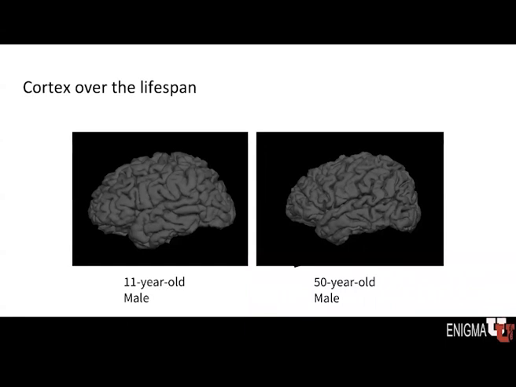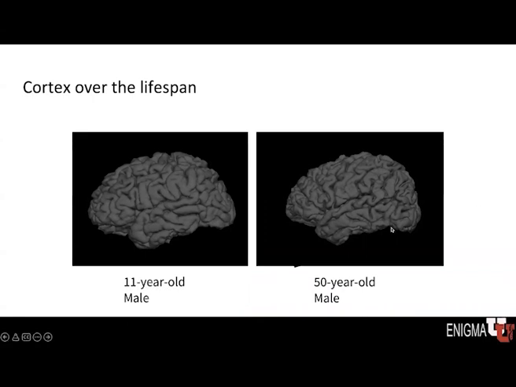We do know that the cortex develops over the lifespan. Here on the left, you see a 3D reconstruction of the brain of an 11-year-old male. And you can compare and contrast that with the cortex of a 50-year-old male here on the right.